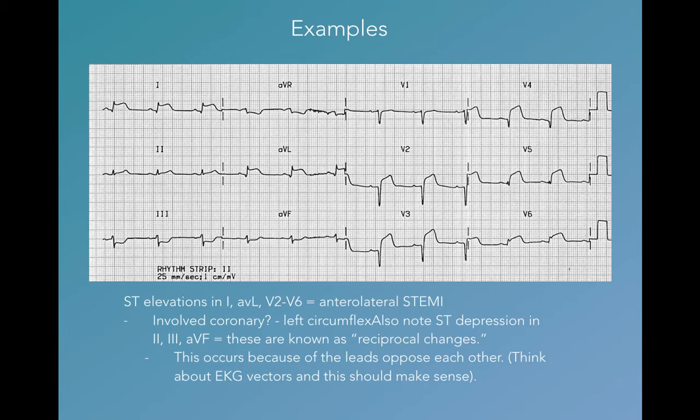However, also in lead 1 and aVL, you see that there's ST elevation. So not only is this an anterior STEMI, it's what's known as an anterolateral STEMI. So the left circumflex is involved as well as the left anterior descending. So this would be known as a two-vessel disease.